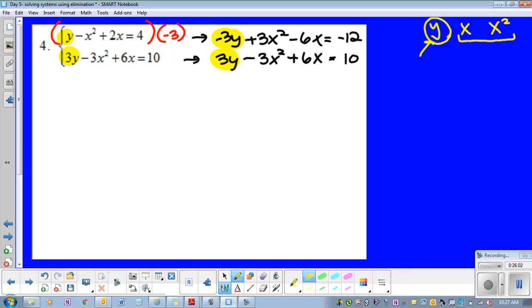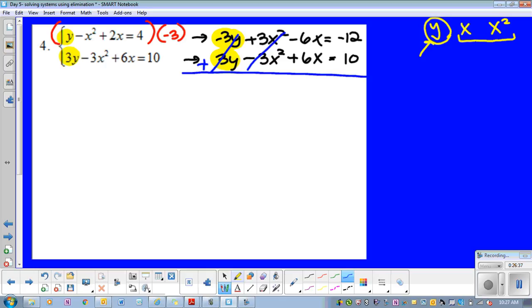And then if I look, my y's now have the same number and opposite signs. I think Kevin realized what's happening too. When I go to add, Ethan said it. What happens to the y's? Cancels, which it should, because that's the one you fixed. You want to eliminate. Wait a minute, what happens to the 3x squared plus a negative 3x squared? They cancel too. What about the next one?